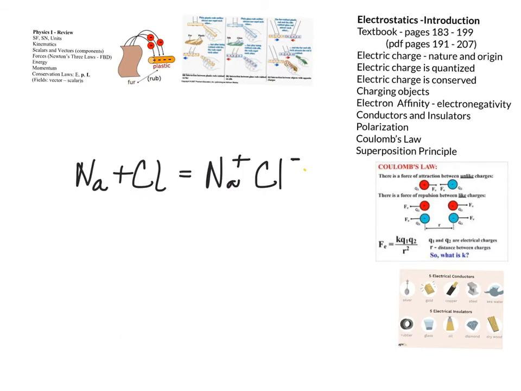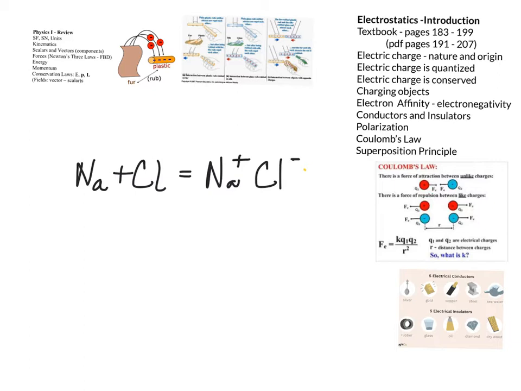Just to add an example that comes from chemistry. Hopefully you've had chemistry. Sodium as a neutral atom tends to lose an electron to chlorine as a neutral atom because of their electronic structure.